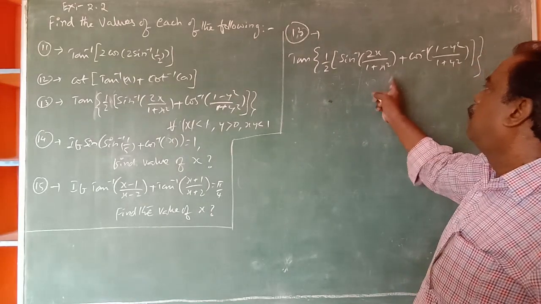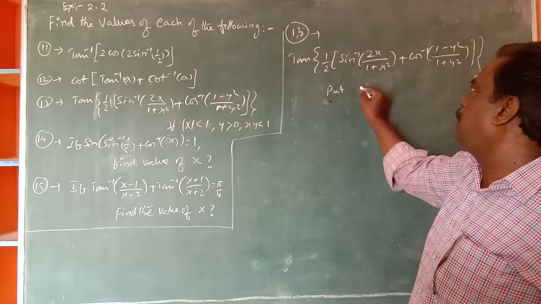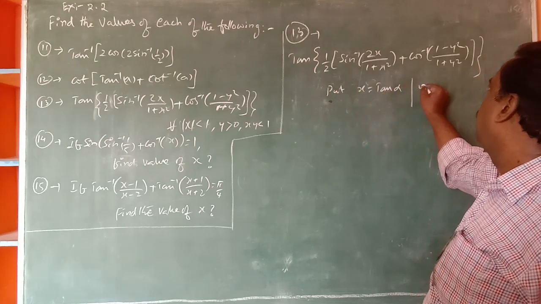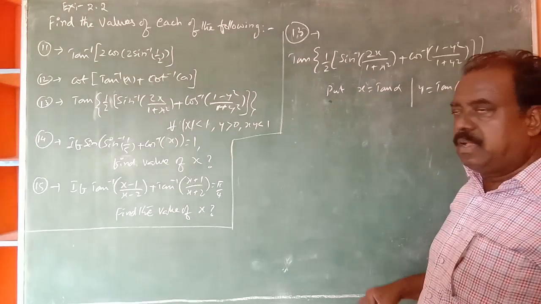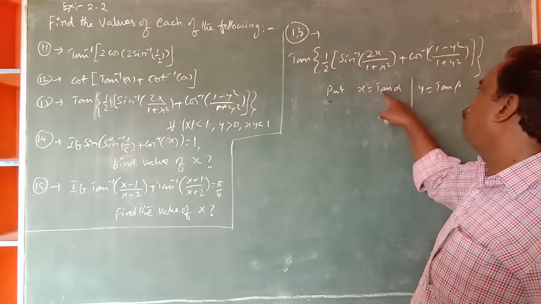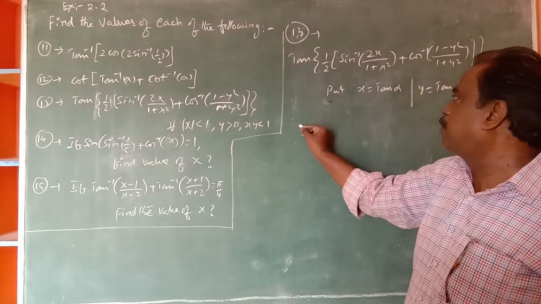In order to find the value of this one, it is needed to put x is equal to tan alpha and y is equal to tan beta, because x and y two different variables are there. So x is equal to tan alpha and y is equal to tan beta.